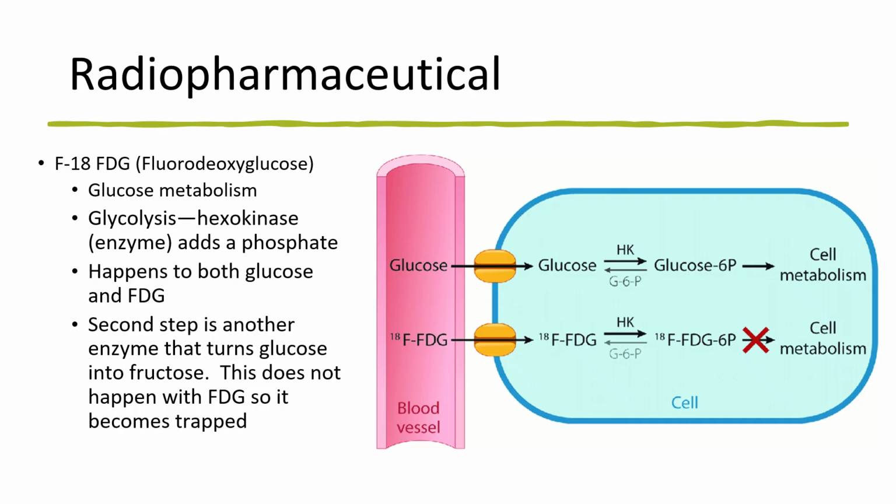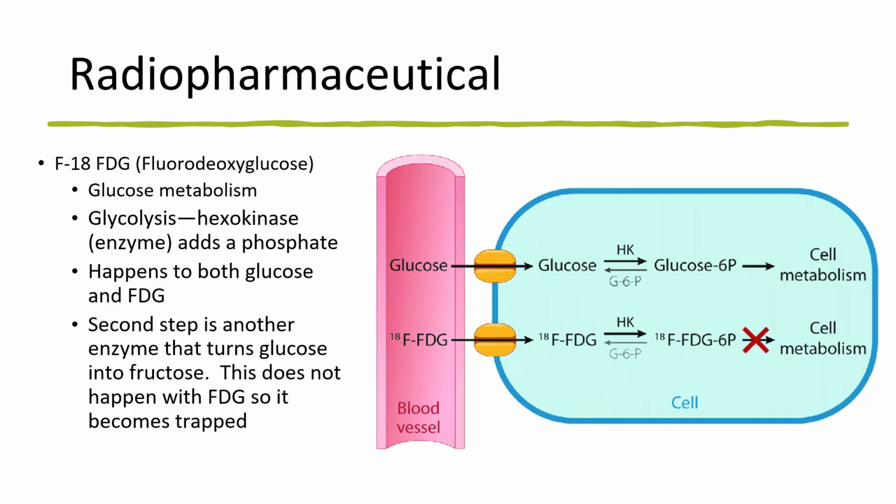Now, the other important thing to remember is that step right there where it doesn't ever get metabolized by the cell. That means that it doesn't actually ever raise a person's blood sugar. And this is something that you will want to keep in mind because patients, especially diabetic patients, will ask you that because you tell them you're giving them a radioactive glucose or they hear the name glucose in it and they worry that it's going to spike their blood sugar.